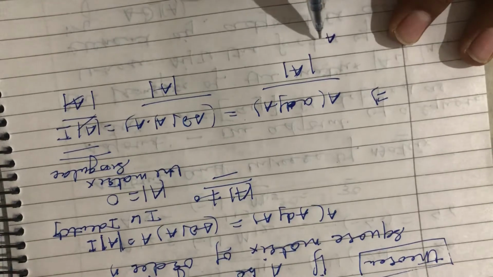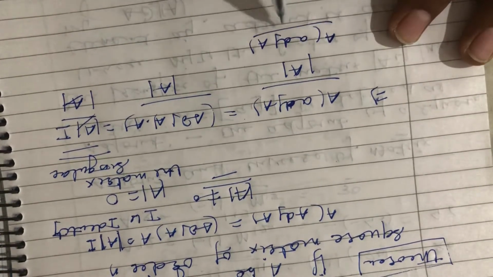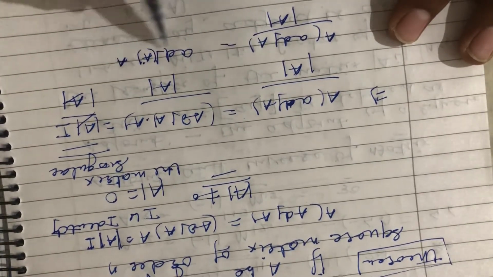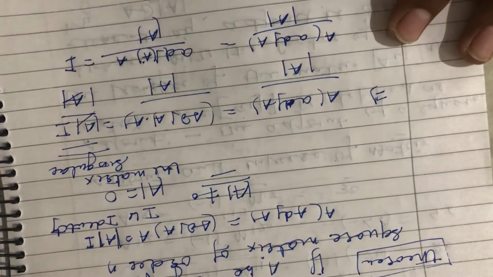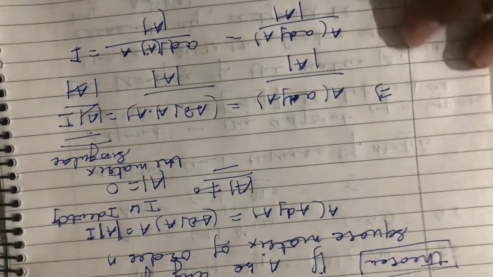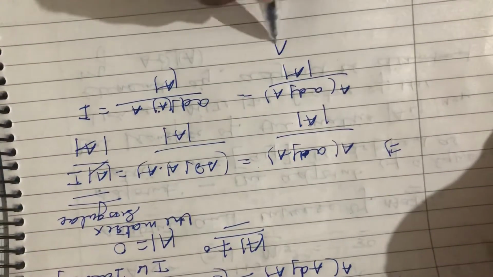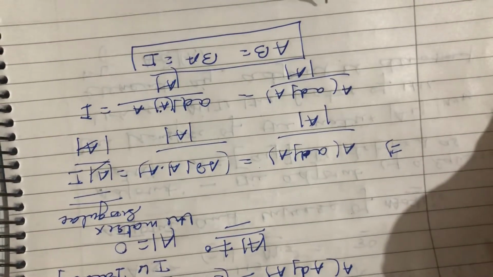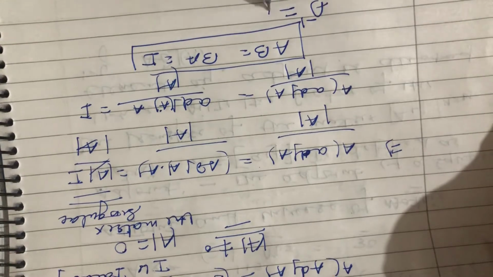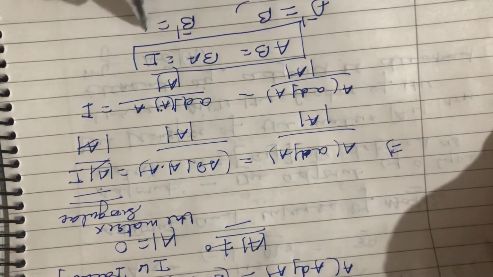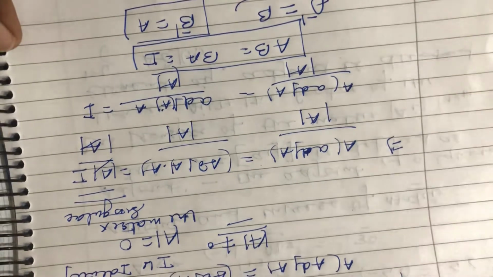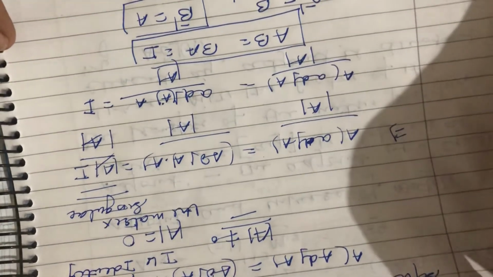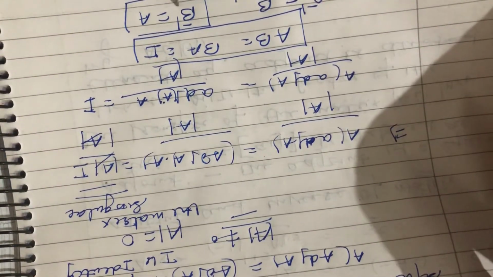Then A into adjoint of A divided by determinant of A is equal to adjoint of A into A divided by determinant of A, which is equal to I. Correct? Then one more relation we have: AB is equal to BA is equal to I. It means the inverse of A is B and the inverse of B is A.